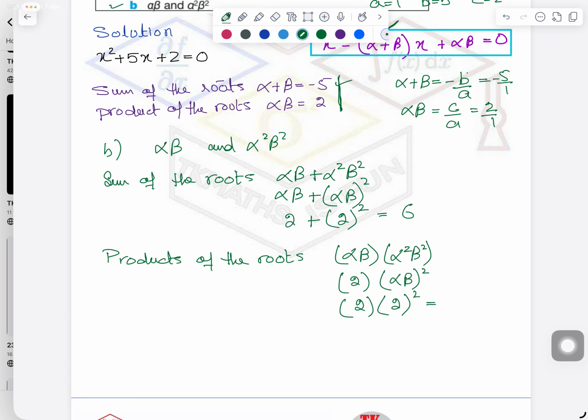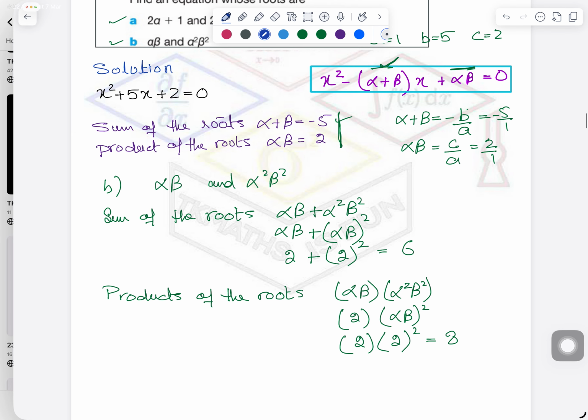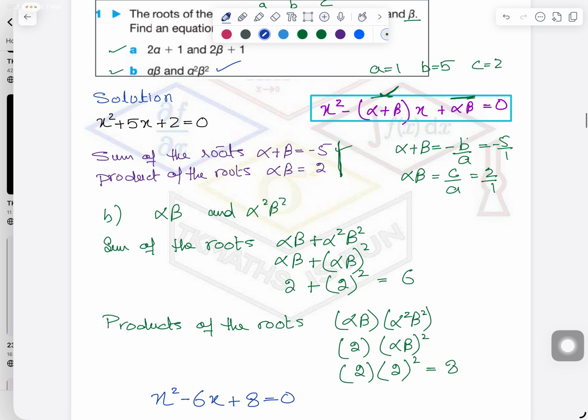So it is 8. So the product of the roots is 8, which will come at this place, and the sum of the roots will come at this place. So my final equation will be x square minus 6x plus 8 equals 0. So this is the equation whose roots were given to you in the question in this form.